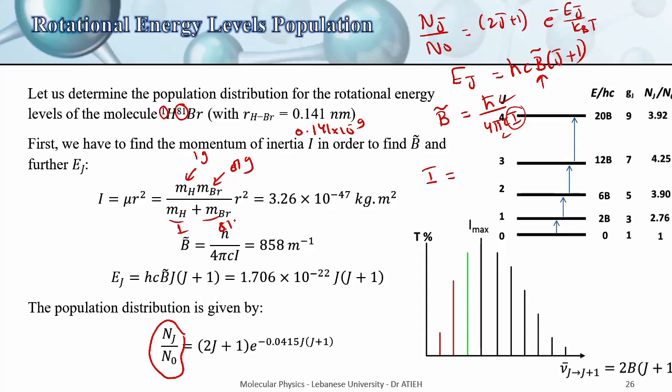We are talking about a mole of molecules. To change it to SI unit, we have to multiply by 1 over NA, 1 over Avogadro's number.